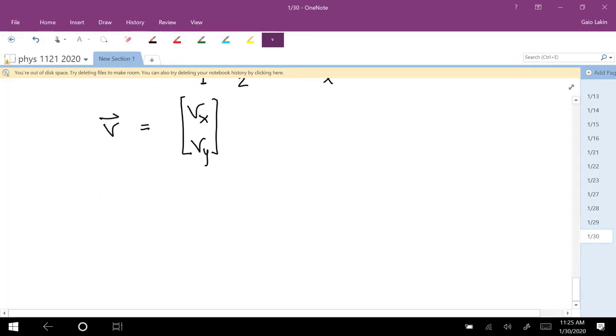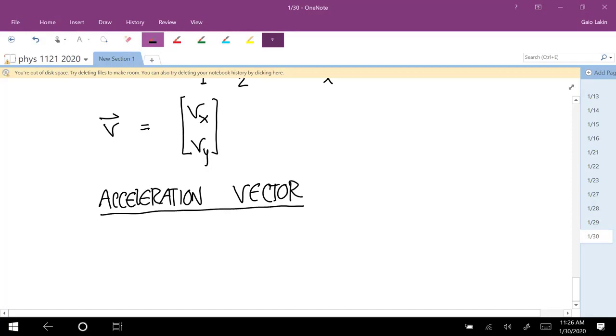And then the last thing we have to define is the acceleration vector. The definition of the acceleration vector as a function of time is the time derivative of the velocity vector as a function of time, which is the second time derivative of the position vector.